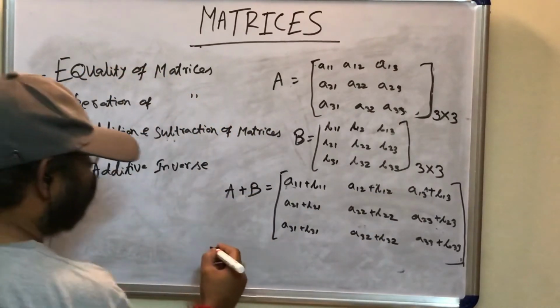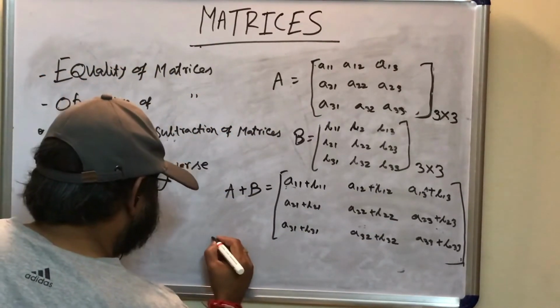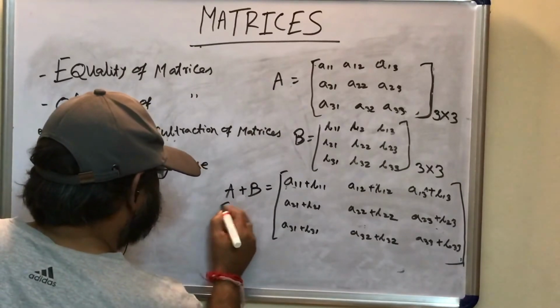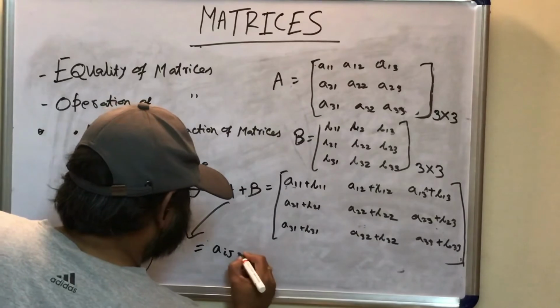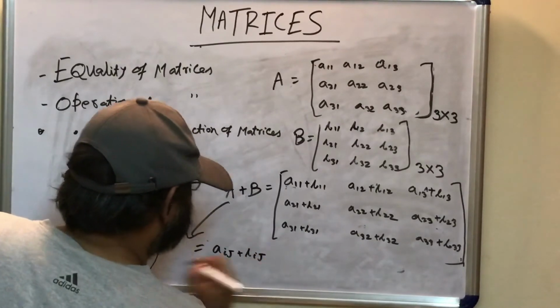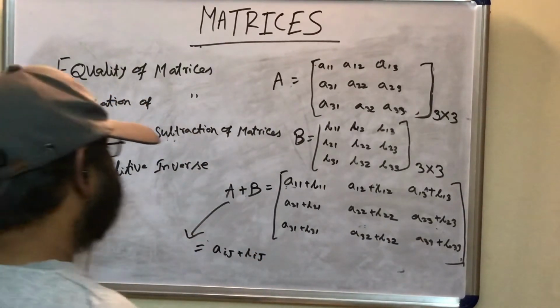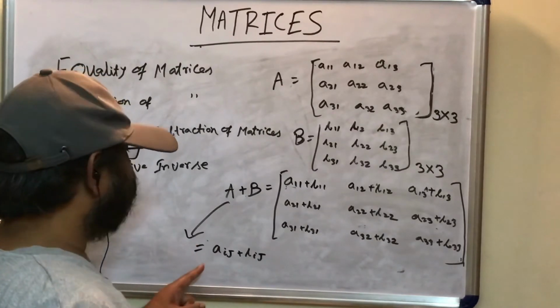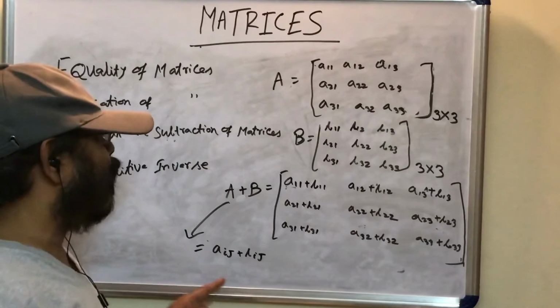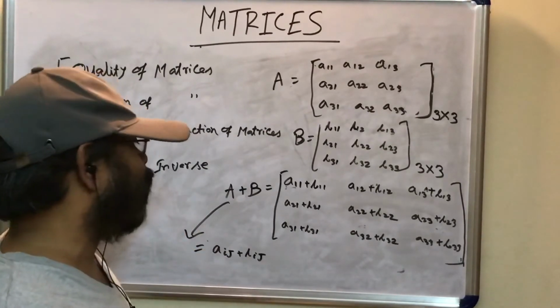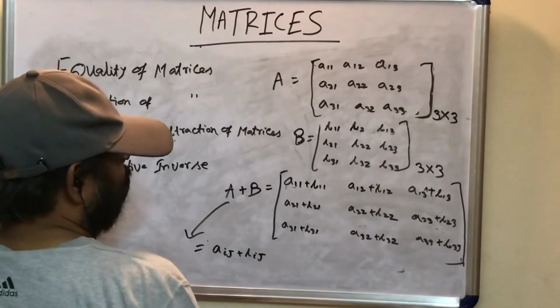So in generalized form we can write matrix A plus B equals Aij plus Bij, where Aij is the ith row and jth column element of matrix A and Bij is the ith row and jth column element of matrix B.